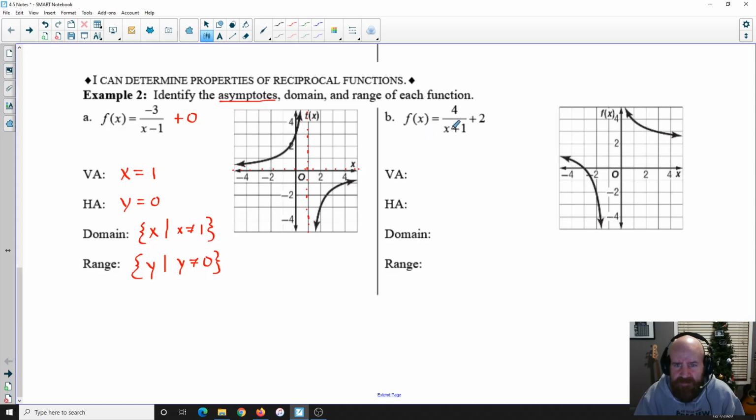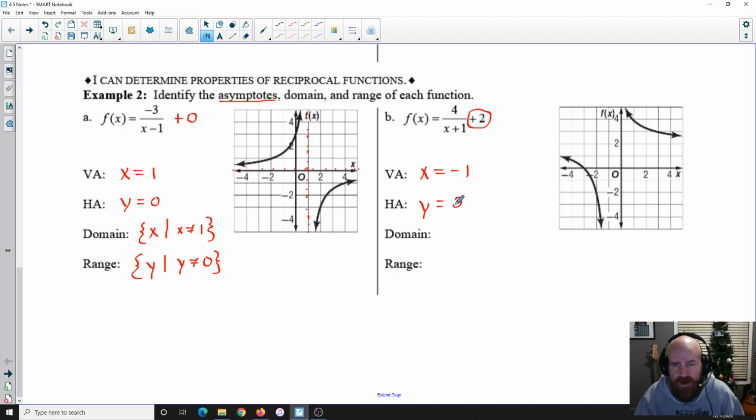So vertical asymptote, dealing with x's. What can x not equal? x cannot equal -1, so that's what our vertical asymptote would be. Horizontal asymptote. Remember, anything added on or subtracted on the outside, the end of the function, would be our horizontal asymptote.